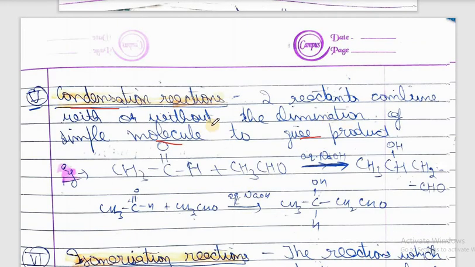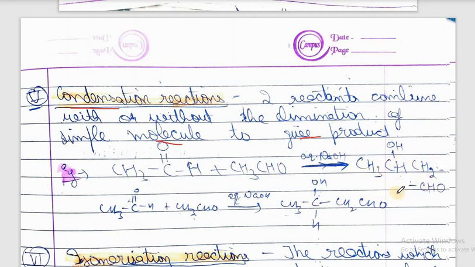Example, CH3CHO plus CH3CHO, means two molecules of acetaldehyde condense in the presence of aqueous NaOH to give this beta hydroxyaldehyde.